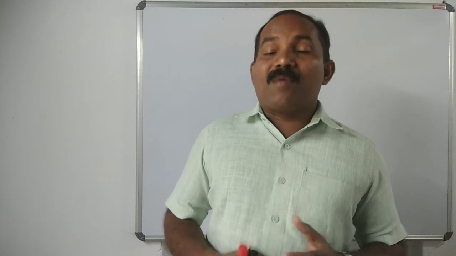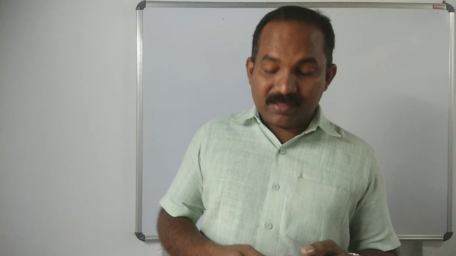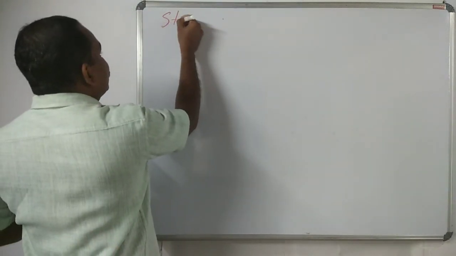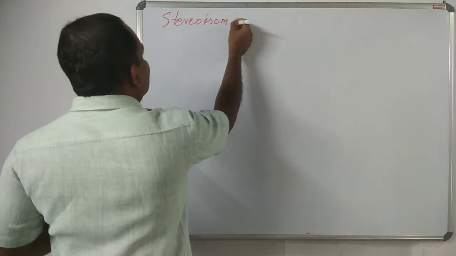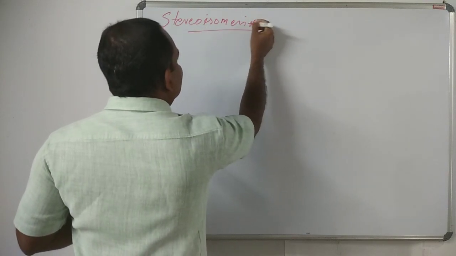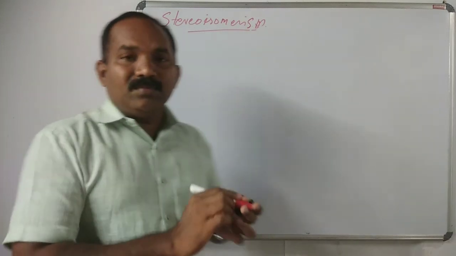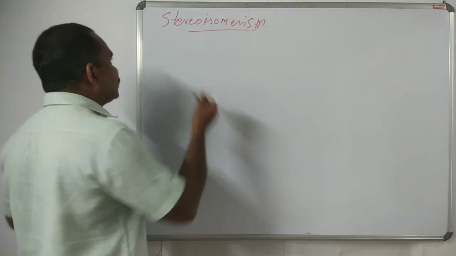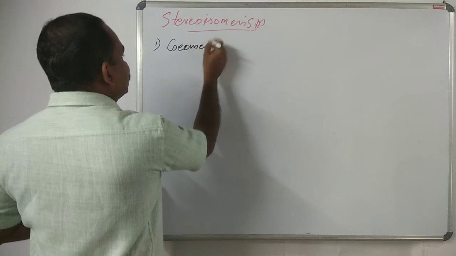Then now geometrical isomerism. One more is optical isomerism, which you will study in the +2 classes.